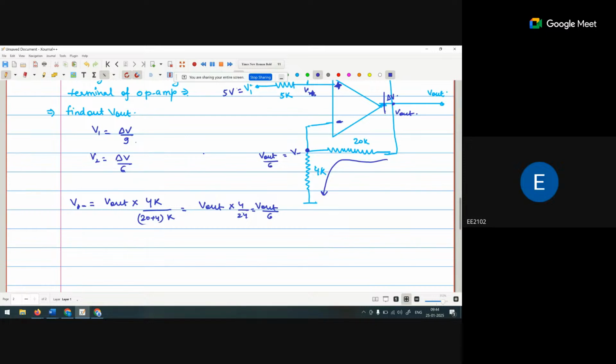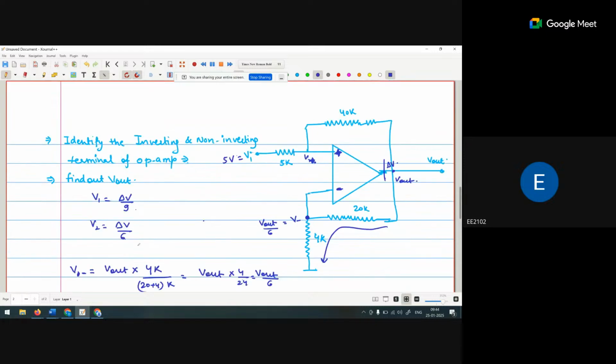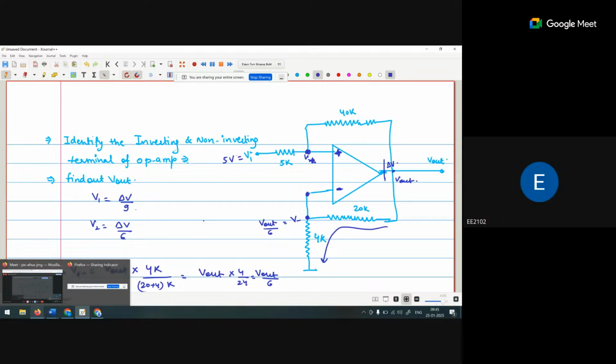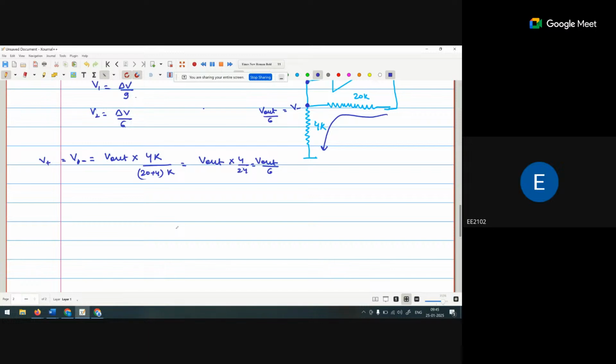If this particular terminal is V out by 6, that means this point is also the same voltage. So V minus is equal to V plus. Why? Because of negative feedback.